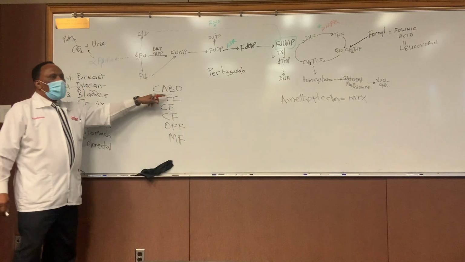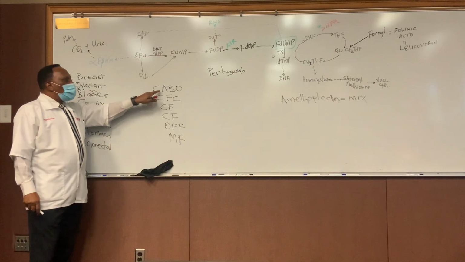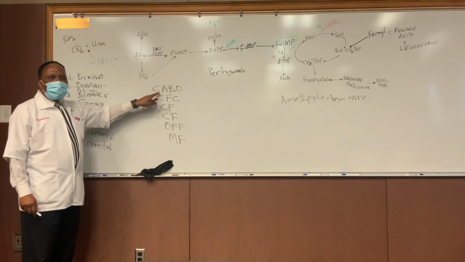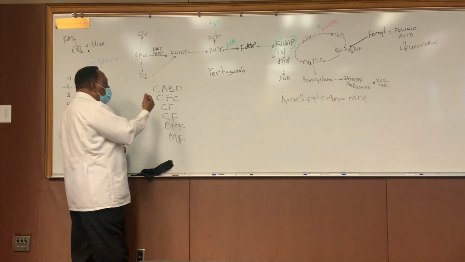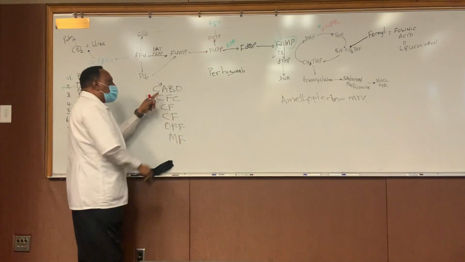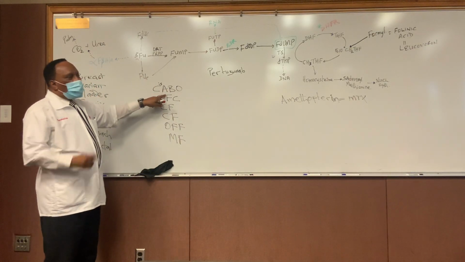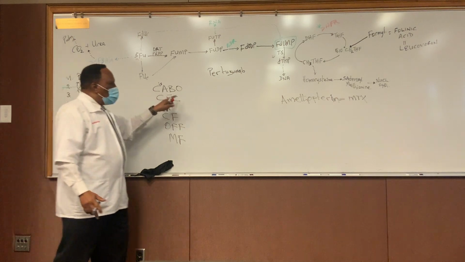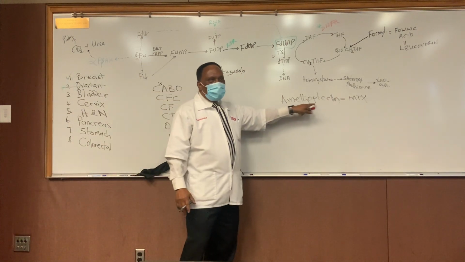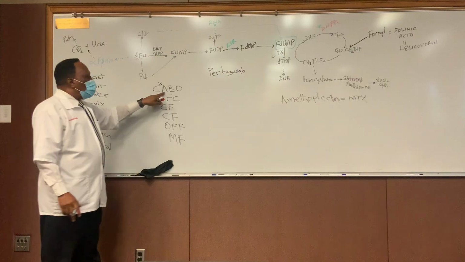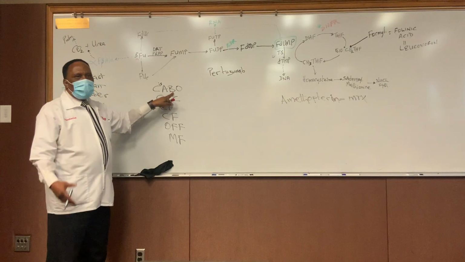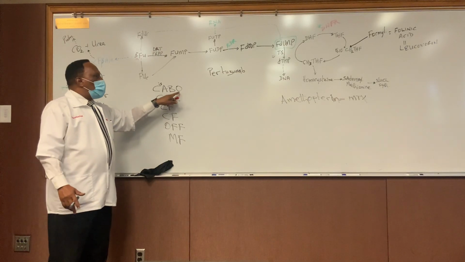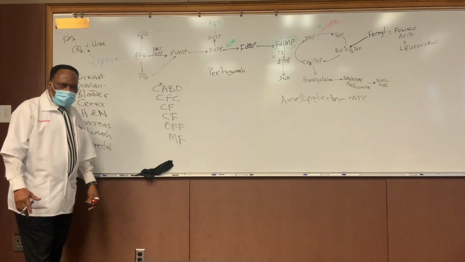So for carbo, you'll be talking about cisplatin. In this case, cisplatin. And the A here is actually methotrexate, and of course bleomycin and your Oncovin.